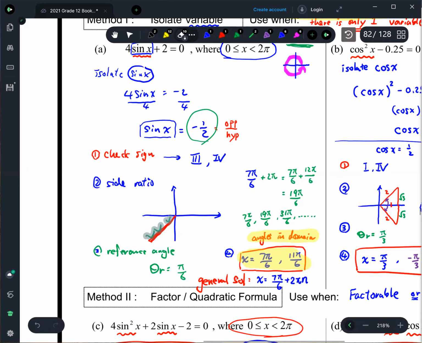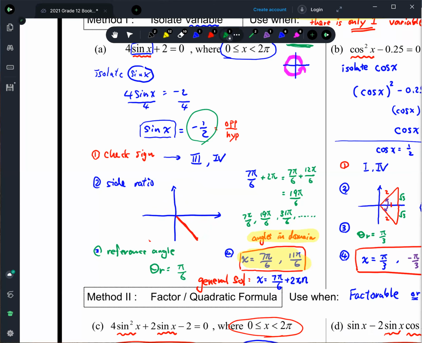So we can do the same thing for quadrant 4. Quadrant 4 means it will stop here. So our first angle, how big is the first answer? Let's ask some of you. The first time it hits here, how big is that angle?